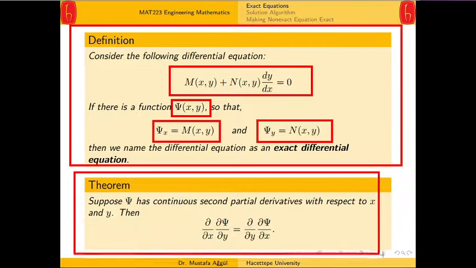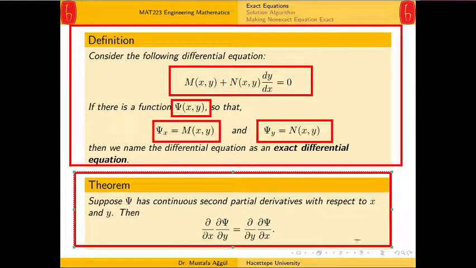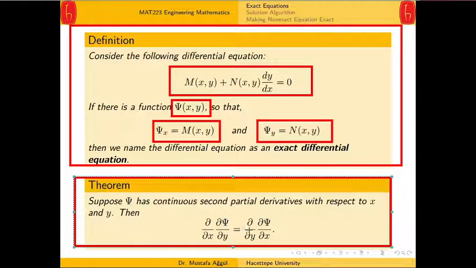So another theorem, this is given here because we will use it already, but I'll not explicitly mention where in this lecture. Suppose psi has continuous second partial derivatives with respect to x and y, then the order of differentiation can change.